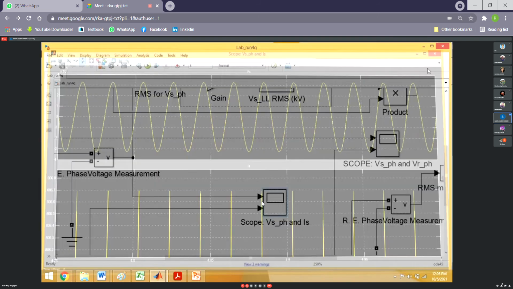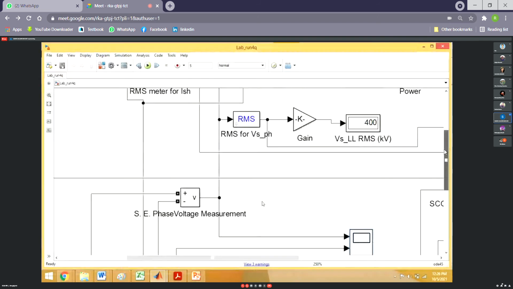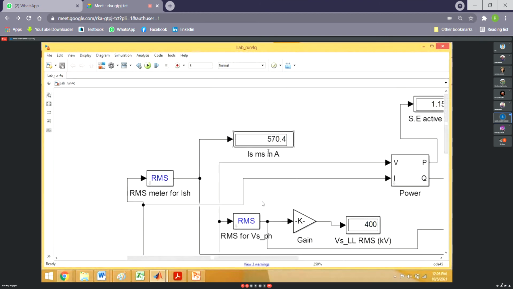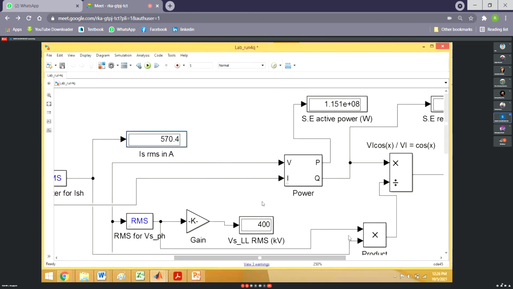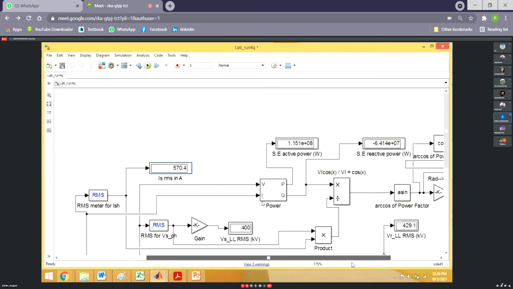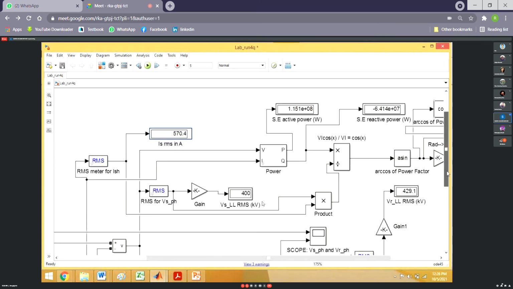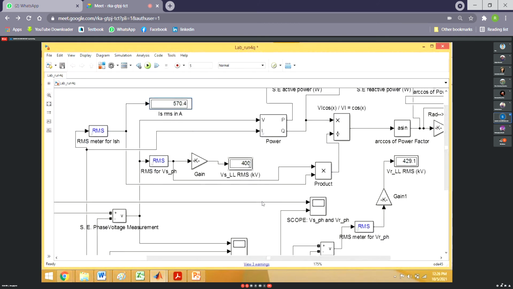Then the RMS quantities you can copy yourself: RMS current, and RMS voltage at the sending end and at the receiving end. You copy this. If you cannot see it, then I can zoom in more.